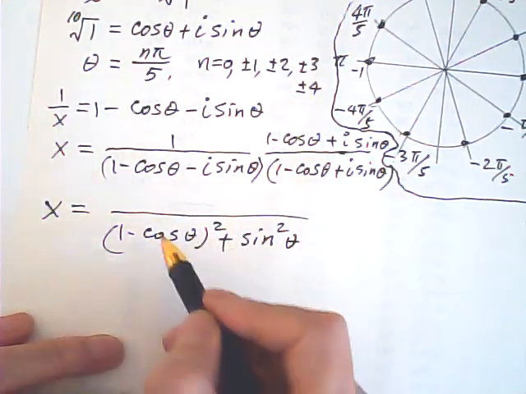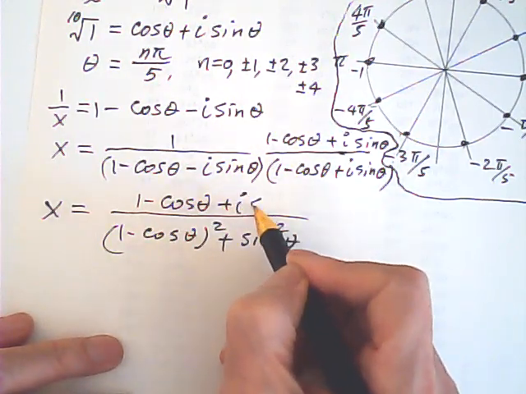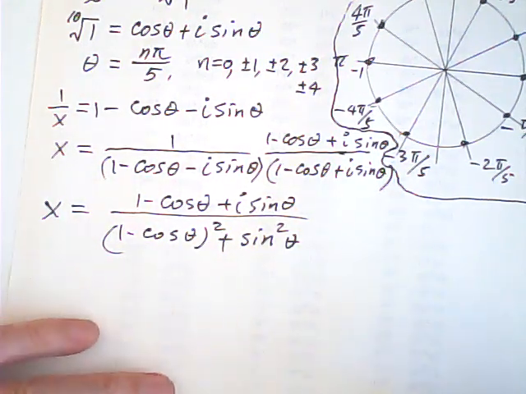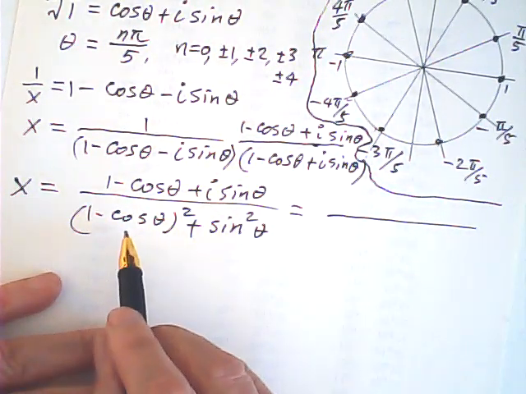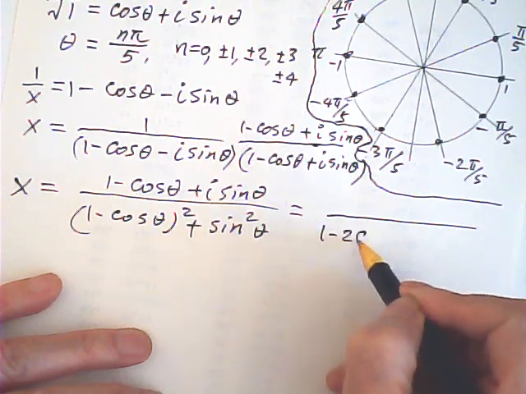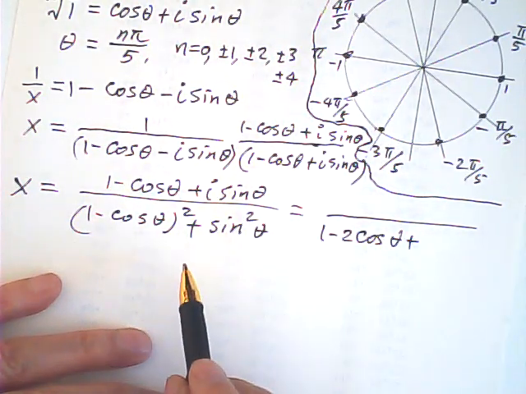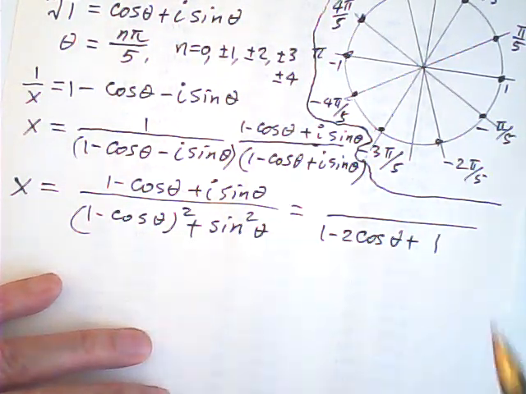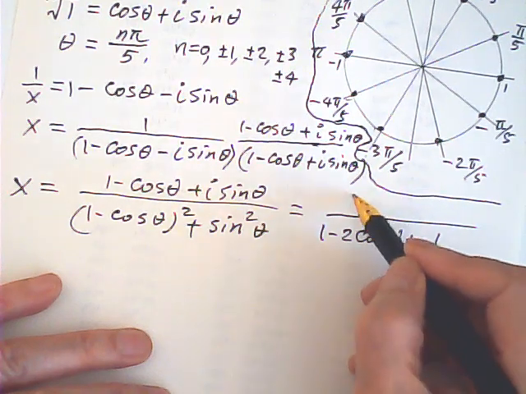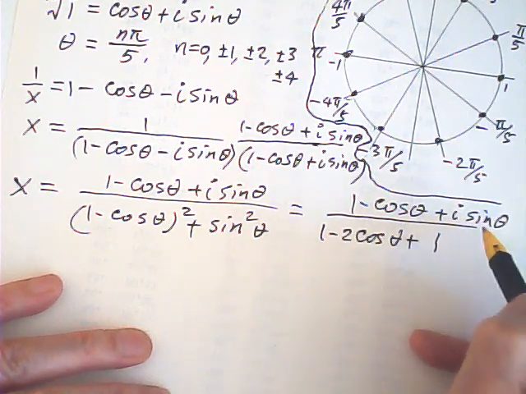The numerator is 1 minus cosine theta plus i sine theta. And the denominator is 1 minus 2 cosine theta plus sine squared plus cosine squared, which is another 1, right? And this is 1 minus cosine plus i sine.